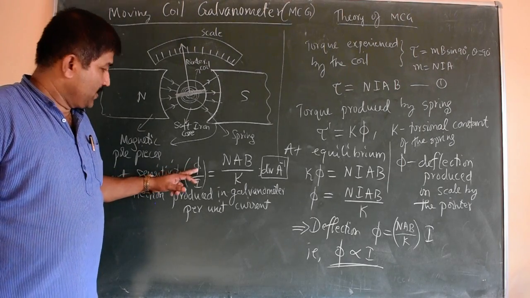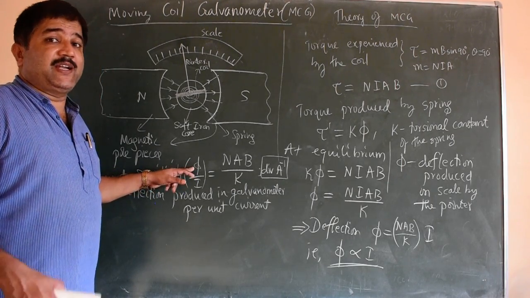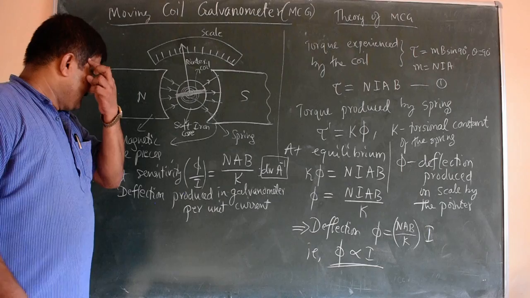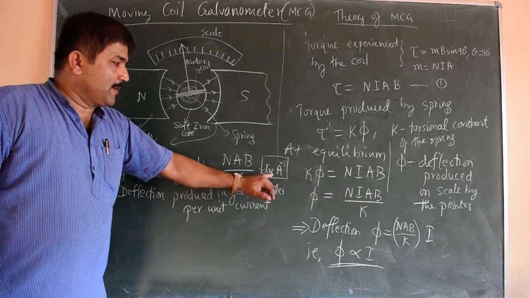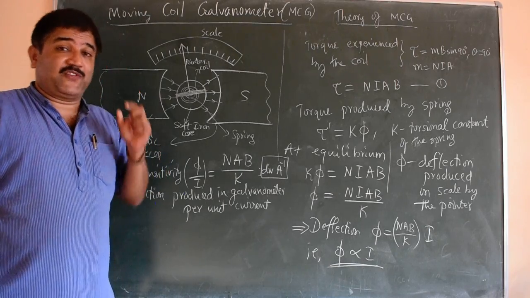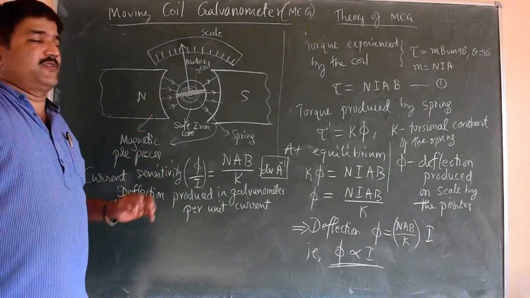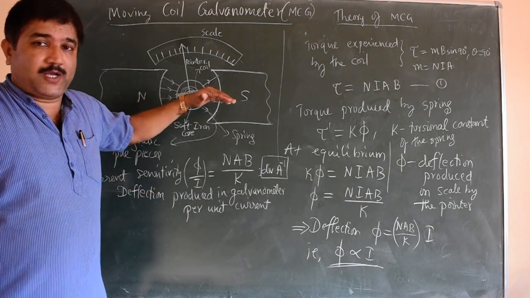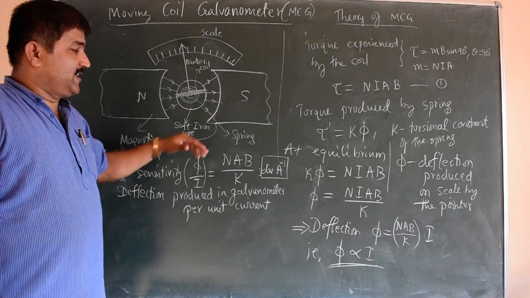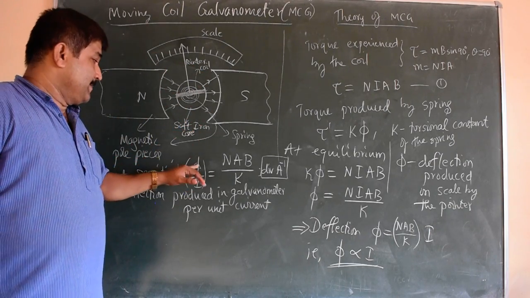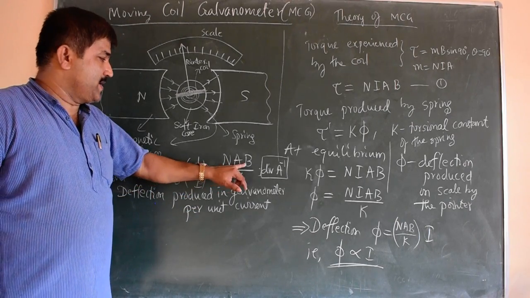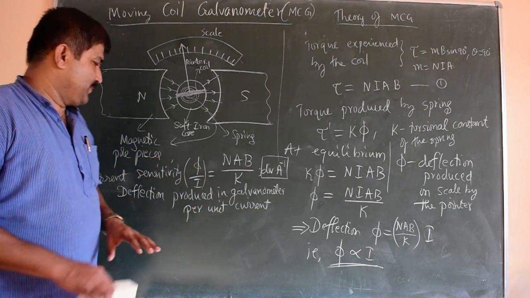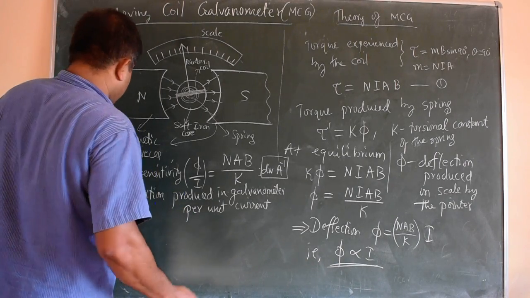Phi indicates how many divisions deflection, and I is the current, so phi by I is division per ampere. If 1 ampere current is passed through the coil, how many divisions deflection does it produce? Phi by I is the current sensitivity, NAB by K.